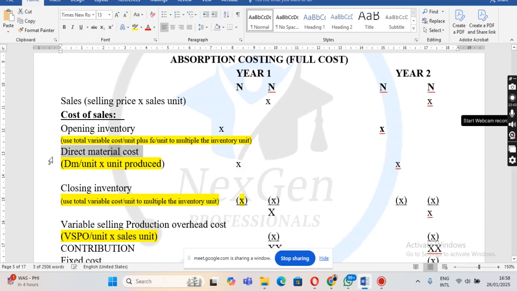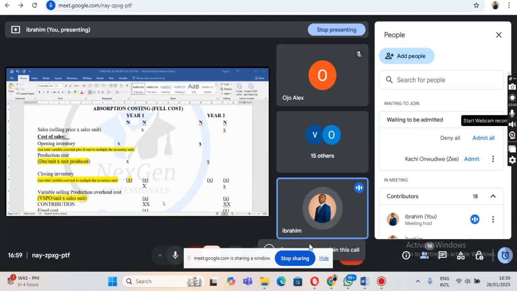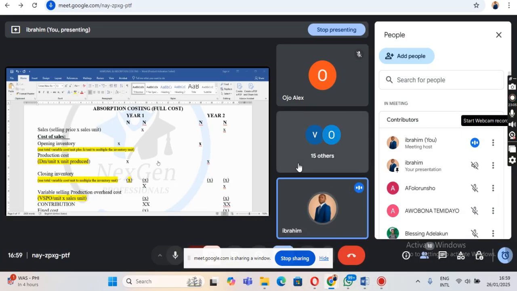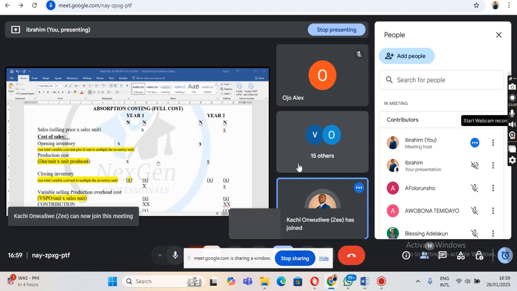What you need here is your production cost. Now, what is the production cost? Don't forget that you are charging the full cost to production. What are these full costs? It is your variable cost per unit and your fixed cost per unit, the addition of these two.